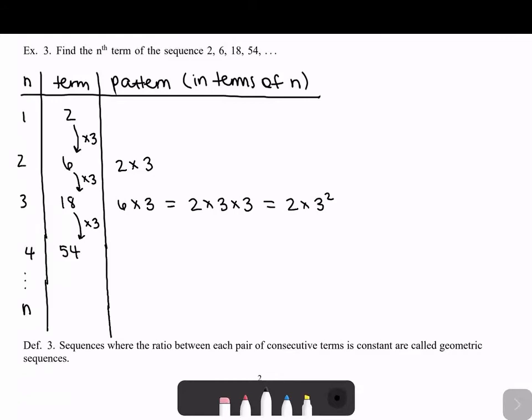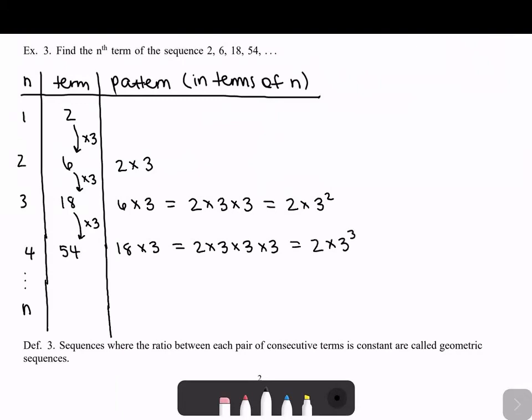And 54 is 18 times 3, but 18 is 2 times 3 times 3, so 54 is 2 times 3 times 3 times 3, because we had 3 jumps down from 2 to get to 54. So this can be written as 2 times 3 cubed.